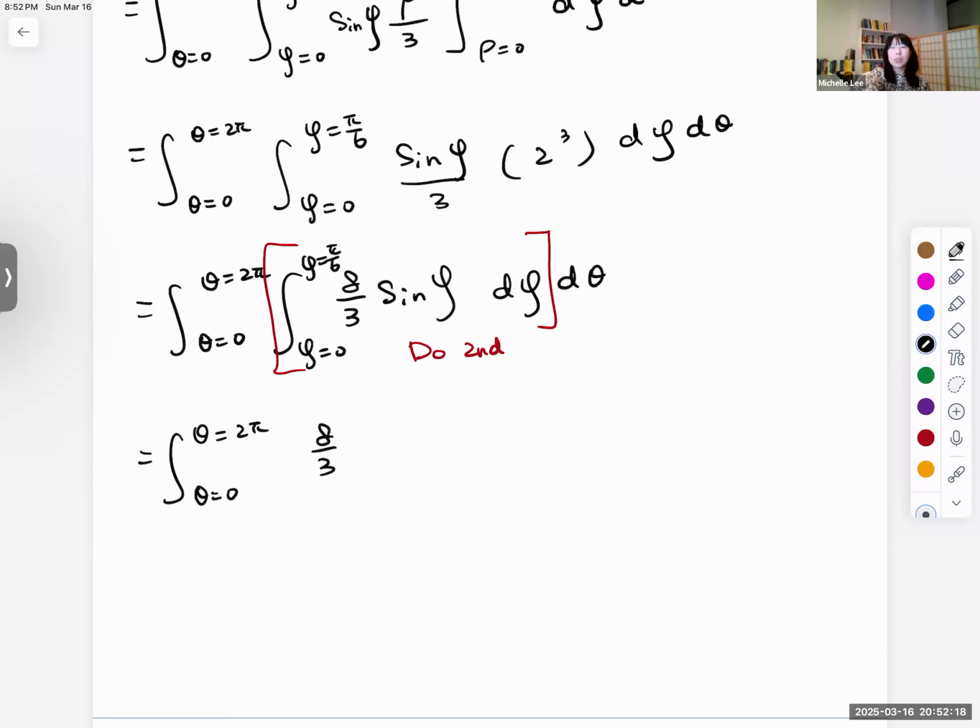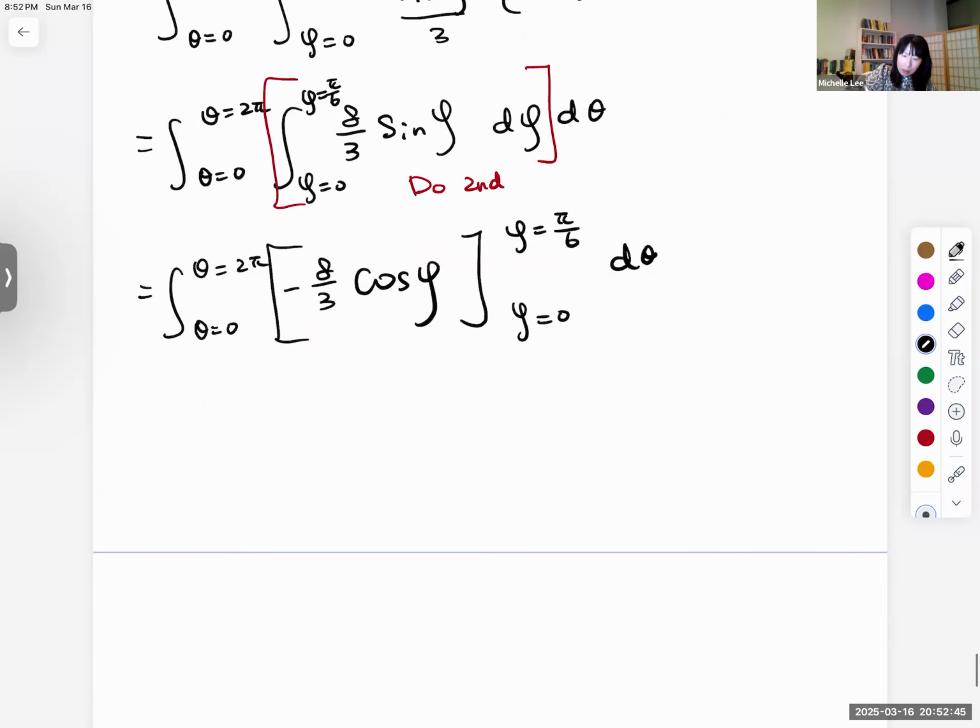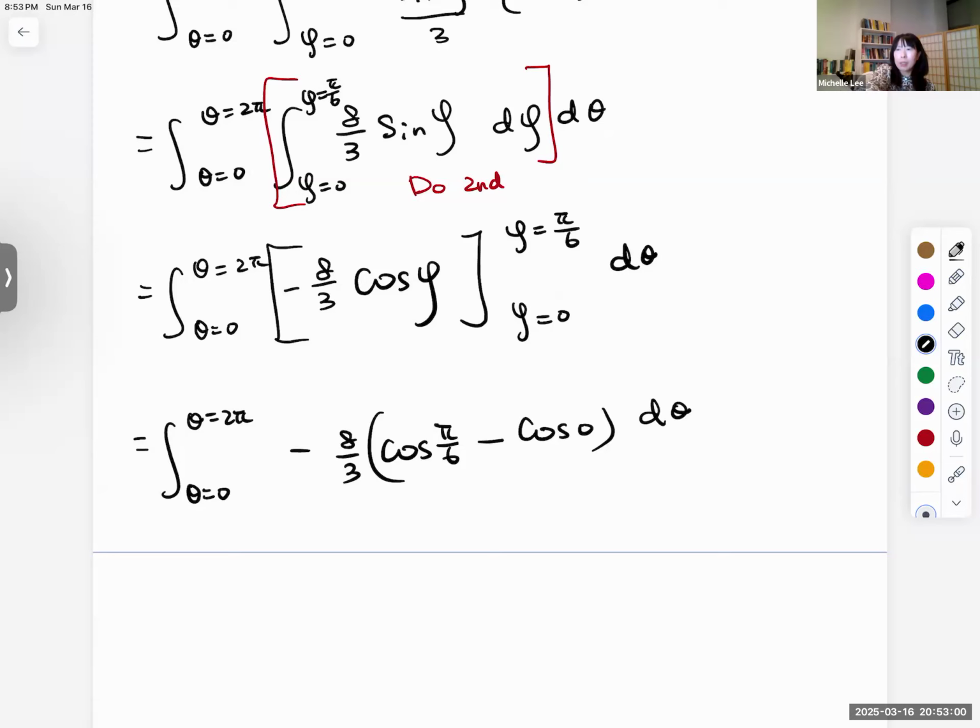What's the integral of sine phi? Negative cosine phi, right? Almost done. And then we want to evaluate from phi equals 0 to pi over 6. So that will be 0 to 2 pi, negative 8 over 3 times cosine pi over 6 minus cosine 0, d theta, right?